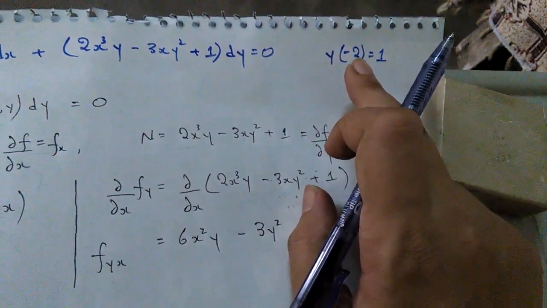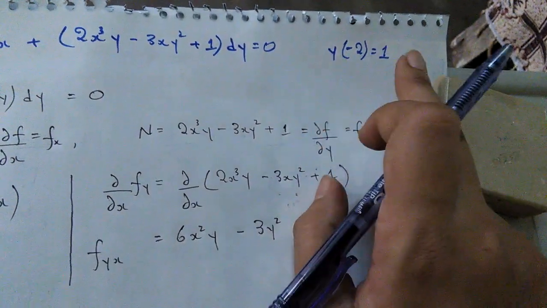Now, over here it is provided that for x equals minus 2, the value of y is 1.